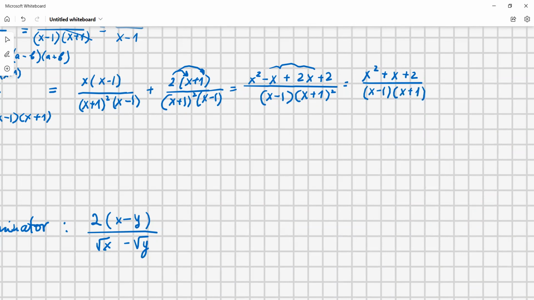Well, maybe I still can simplify it a little bit. Let me think. No, I don't think that I can simplify. I was thinking to factor this numerator, but first, I did not teach you this, and second, I don't think that we can factor it.